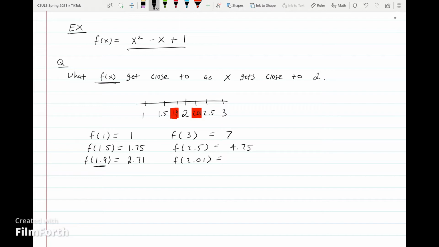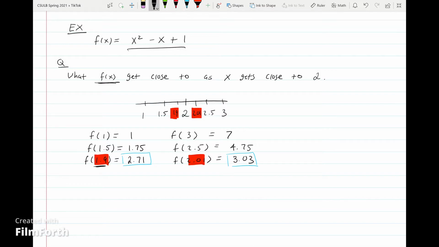So as you can see, it's getting smaller, right? So it went from 7 to 4.75 as x got closer to 2. And then f of 2.01 is 3.03. And you can keep going, and I hope you notice that the closest values to 2, we have these two numbers, 2.71 and 3.03.